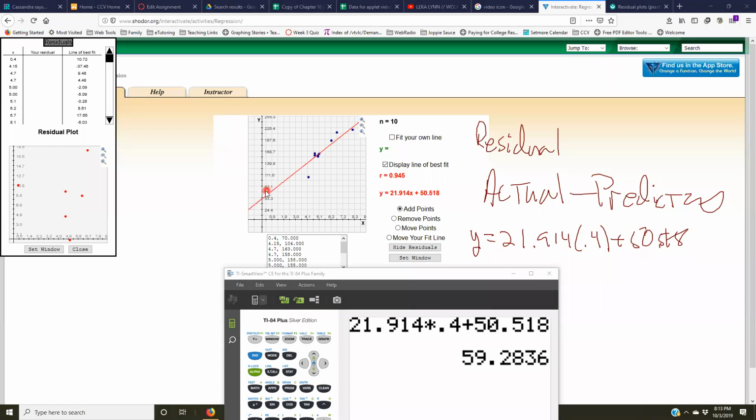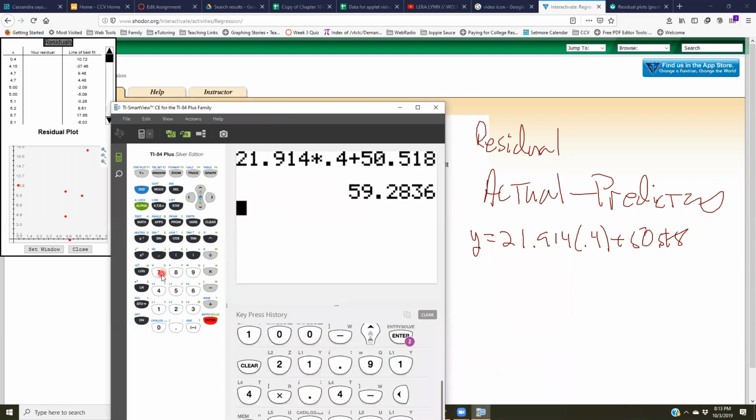The actual data is way up here at 70 calories, and our regression equation predicts 59, and we see that that's below it. So my actual is the 70, my predicted is the 59. To get the residual, we do 70, the actual, minus the predicted.